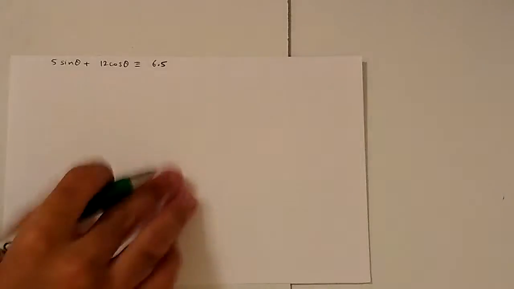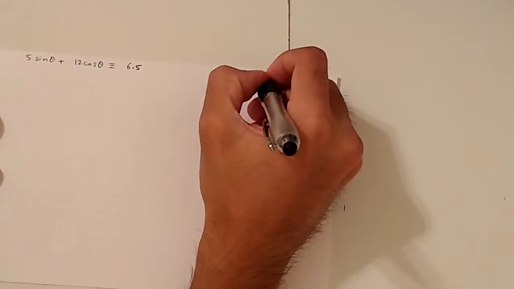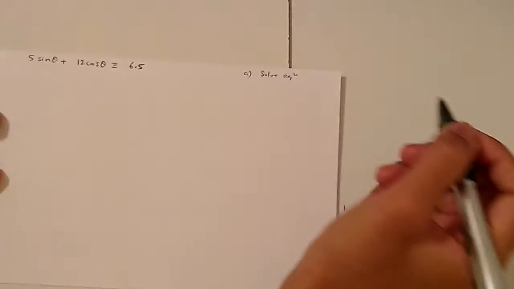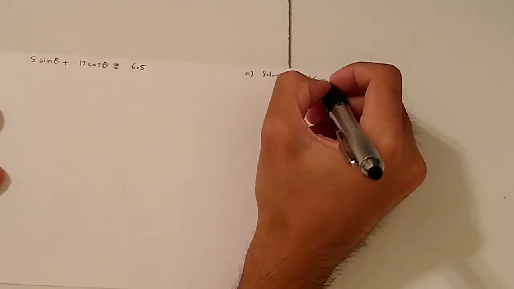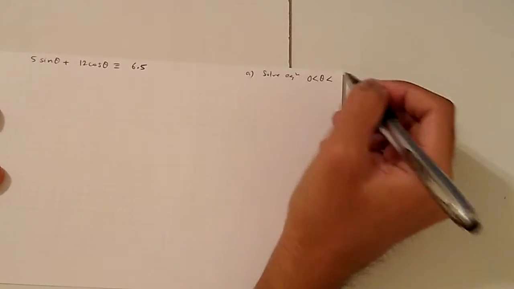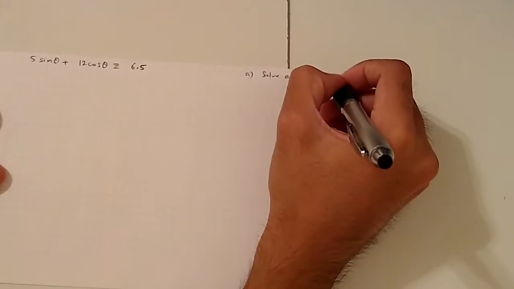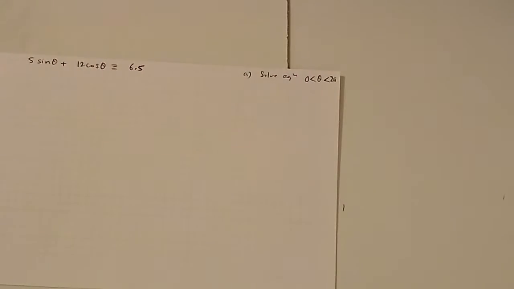We're going to solve this equation. Part A, solve the equation, our range is going to be 0 is less than theta, which is less than 2 pi.